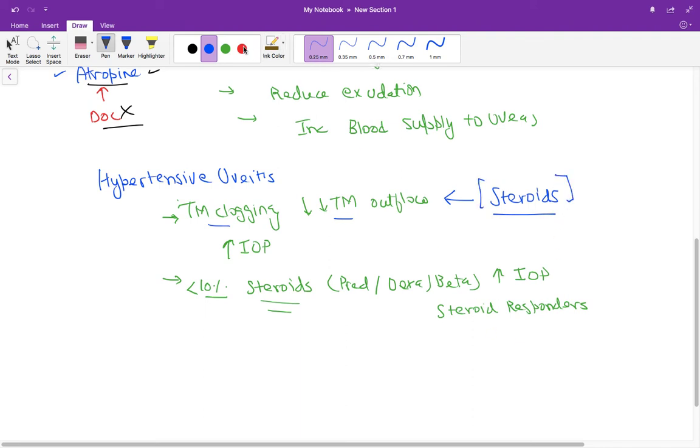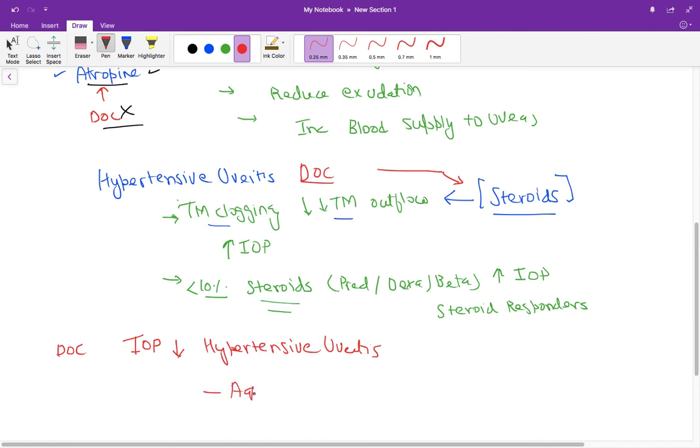But if they ask which is the drug of choice to reduce intraocular pressure, remember these two questions are different. The drug of choice for hypertensive uveitis would be steroids, and the drug of choice to reduce intraocular pressure in hypertensive uveitis would be your aqueous suppressants.